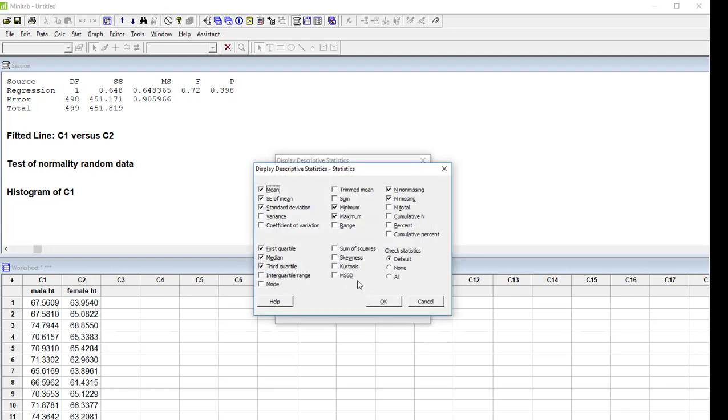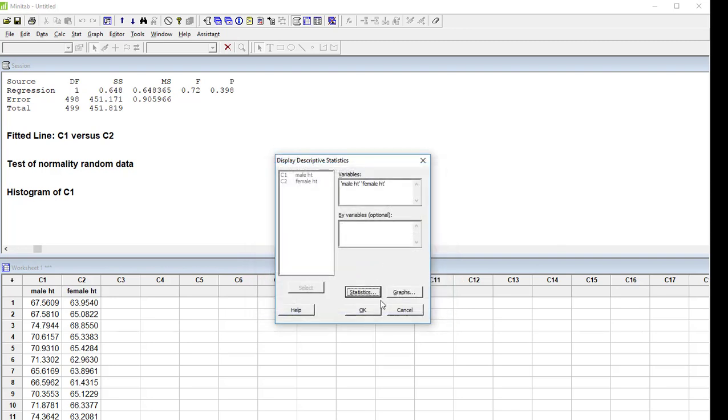And we'll pick the statistics that we want. Let's get the mean. I don't need the standard error right now, but we do need the standard deviation. I don't think we have a need right now for the quartiles, so we'll unclick those. Let's keep the minimum and the maximum, and let's look at the total number of data pieces we have in each of those data sets.